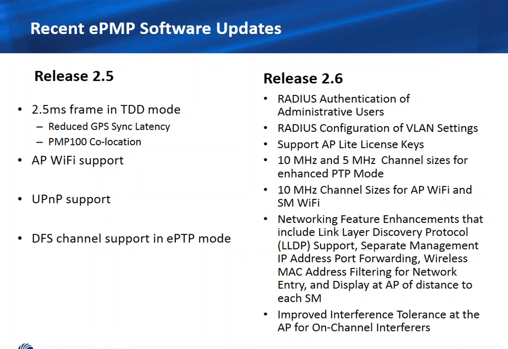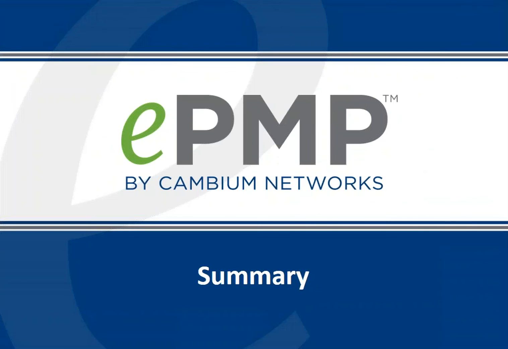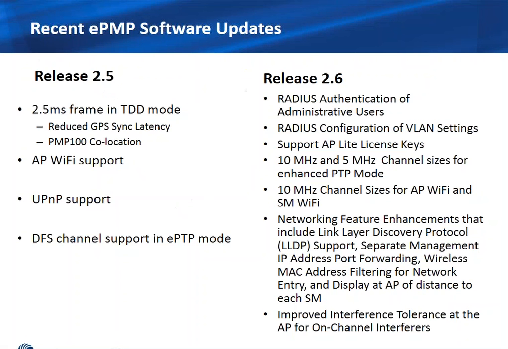This software also supports the AP Lite license key that I just referred to. And then we enhanced point-to-point mode of operation by adding support for 5 and 10 megahertz channels, as well as adding 10 megahertz channel support for the AP mode of operation.